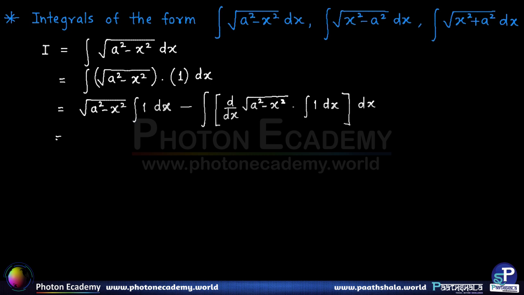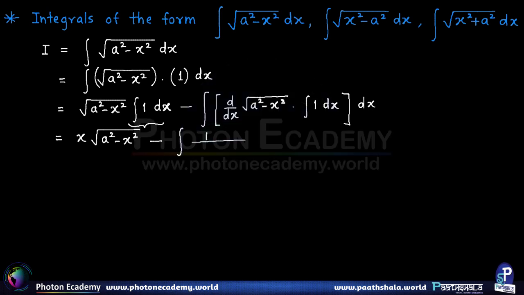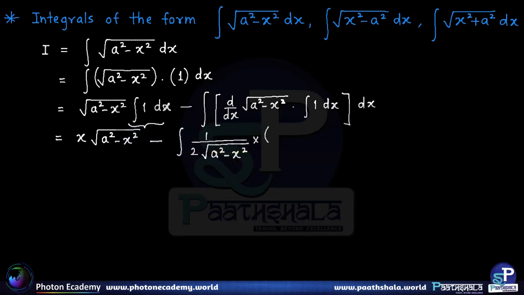So that further gives us, now integral of 1 gives us x. So let me write that x first, so that we have x into root of a square minus x square minus integral of, now derivative of root of a square minus x square will be 1 upon 2 into root a square minus x square, into, now we have to multiply by the derivative of a square minus x square, which is minus 2x by chain rule, right?